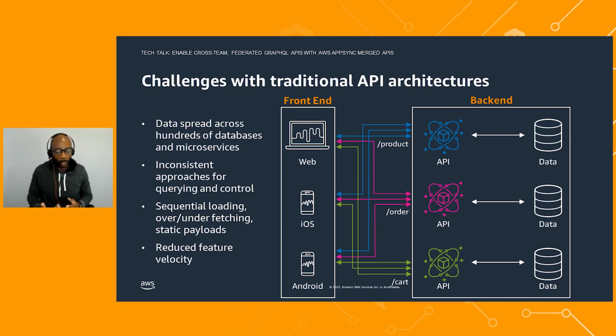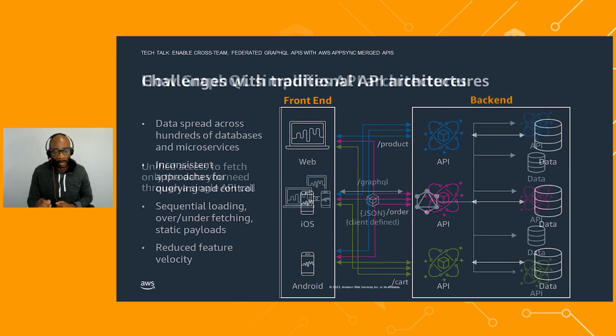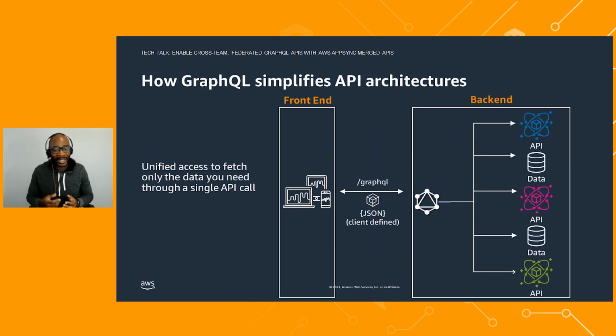But with REST and RESTful APIs, there's not always an easy way of specifying what each client wants to get. So this is not optimal, and it also adds a lot of complexity for the developers that have to think about the different use cases for the different platforms that they're building their clients for. Definitely not optimal. With GraphQL, we can simplify these architectures.